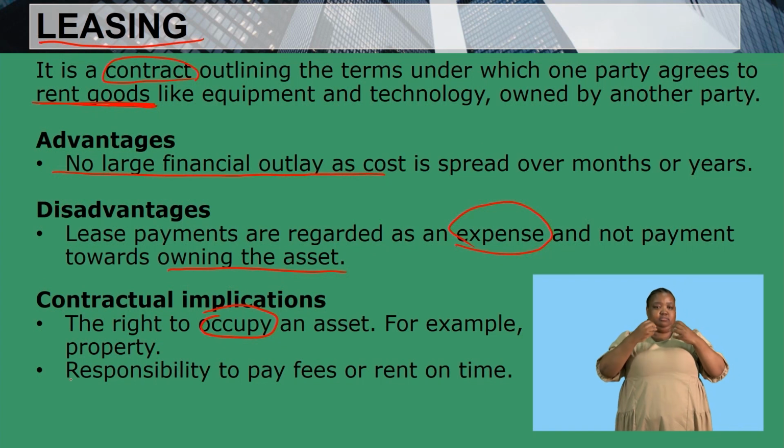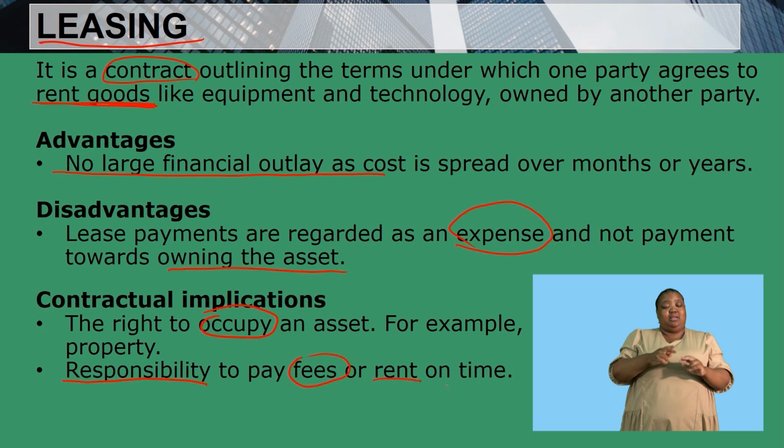Also, you must know the responsibility to pay the fees or the rent on time. So the contract will indicate that maybe on every third day of the month, I need to pay rent for using the house that I have leased, or I need to pay fees for using the car.